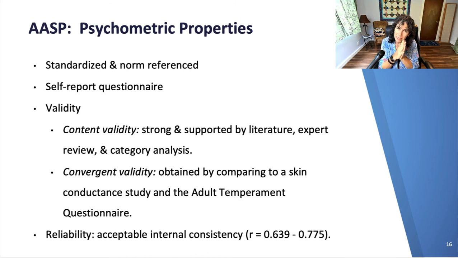Does that make sense? So they're all three trying to measure sensory processing, right? And if they agree with each other, it means that it's more valid because they're agreeing on what sensory processing means and what it includes.